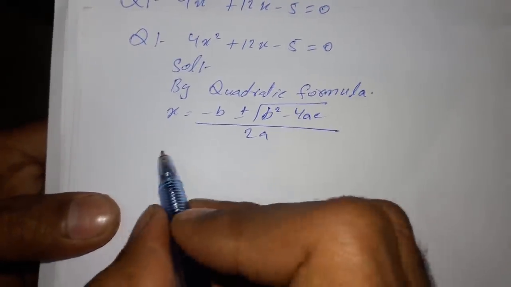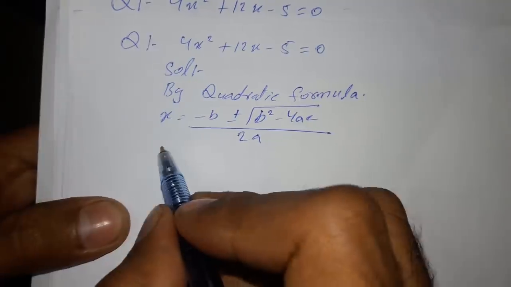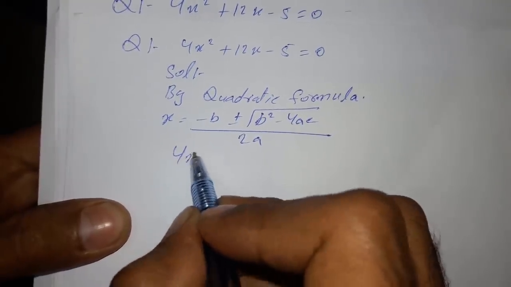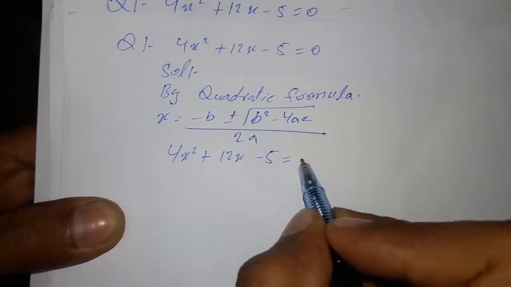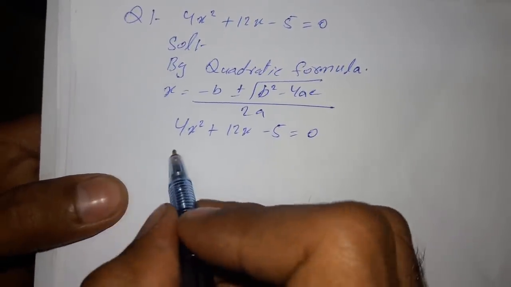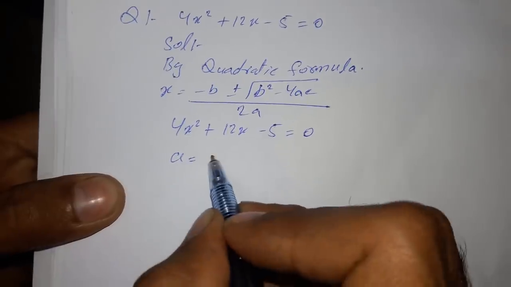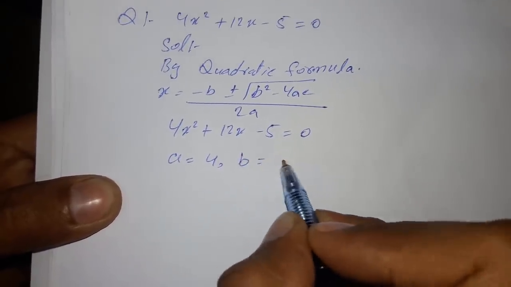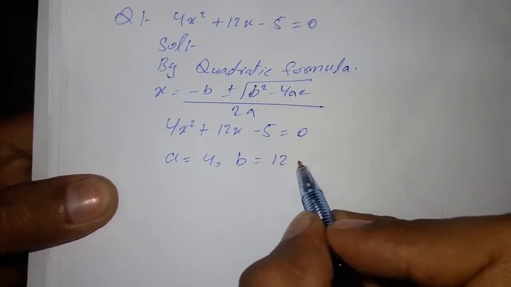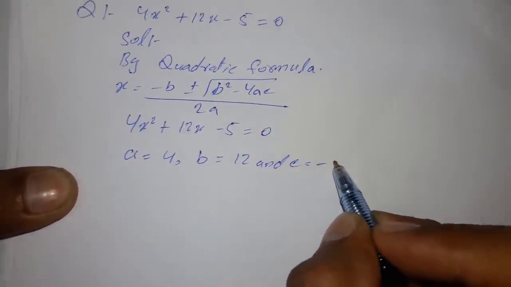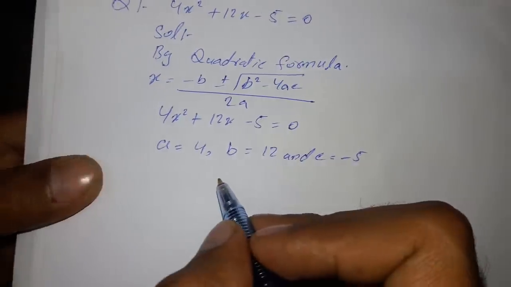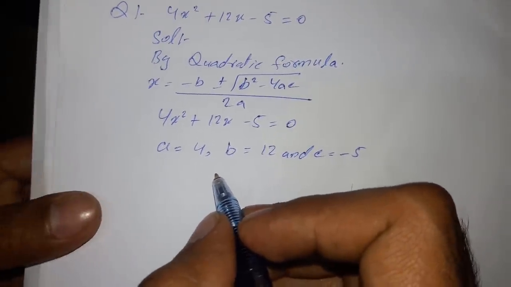Now, by the quadratic equation 4x squared plus 12x minus 5 equals 0, here a equals 4, b equals 12 and c equals minus 5.